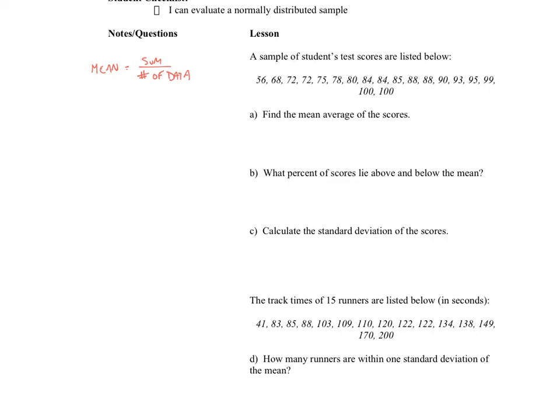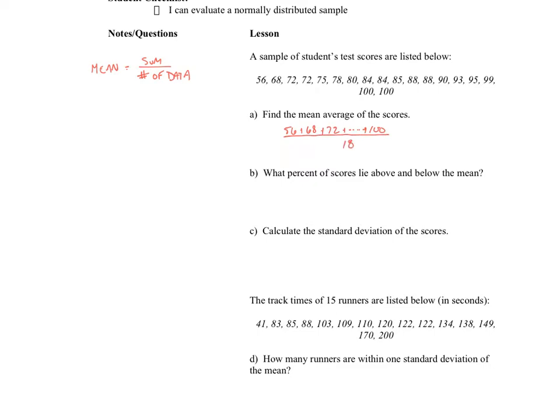So we just add up all those scores and we divide it by however many test scores are there. So it looks like we have 18 scores there. So to calculate this mean, we're going to add up 56 plus 68 plus 72. And we're just going to keep adding all these numbers plus 100. And we're going to divide it by 18.